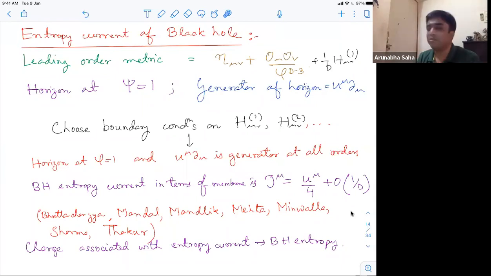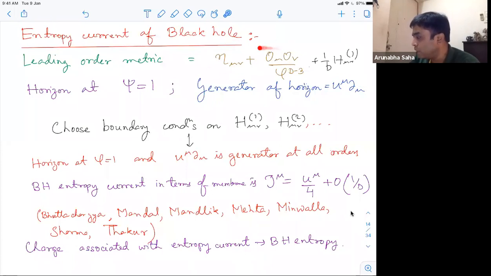There is some redefinition invariance of this function that I can use, so I need to fix it. One particularly useful choice is that from this leading order metric, the horizon is at psi equal to 1. By this I mean psi equal to 1 is the null surface, and the generator of that null surface is the velocity vector.